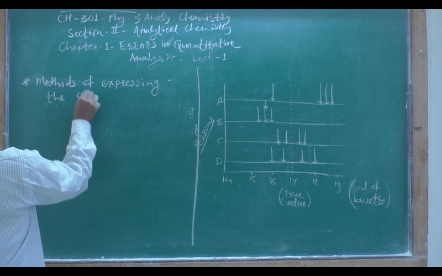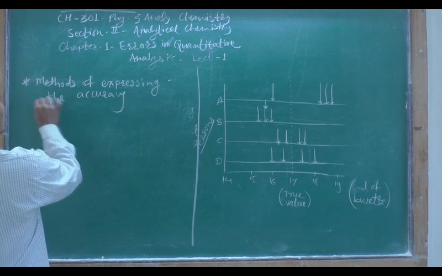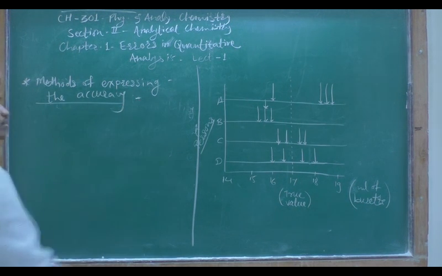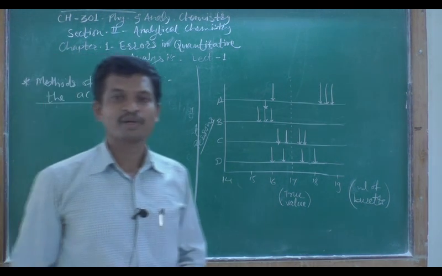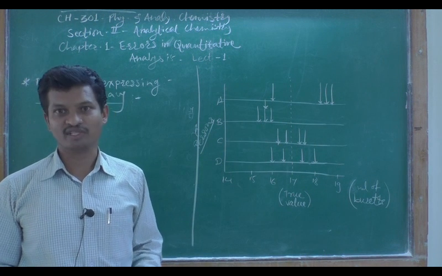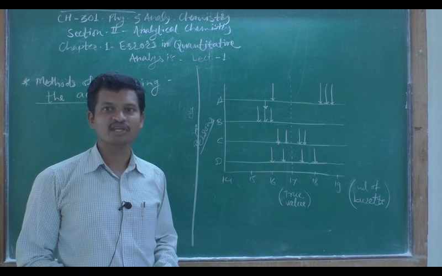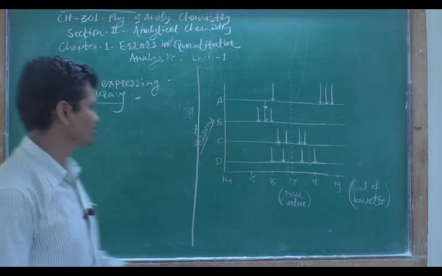Actually, accuracy can be expressed in two different ways. The first one is absolute error and the second one is relative error.